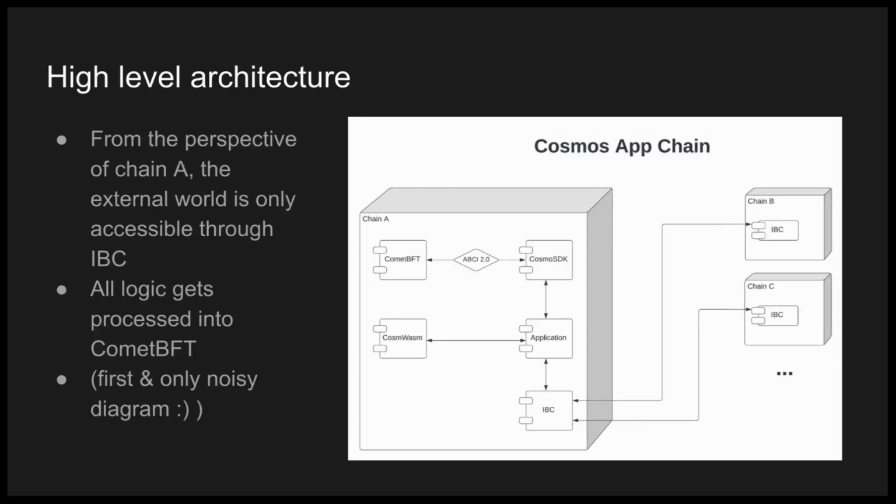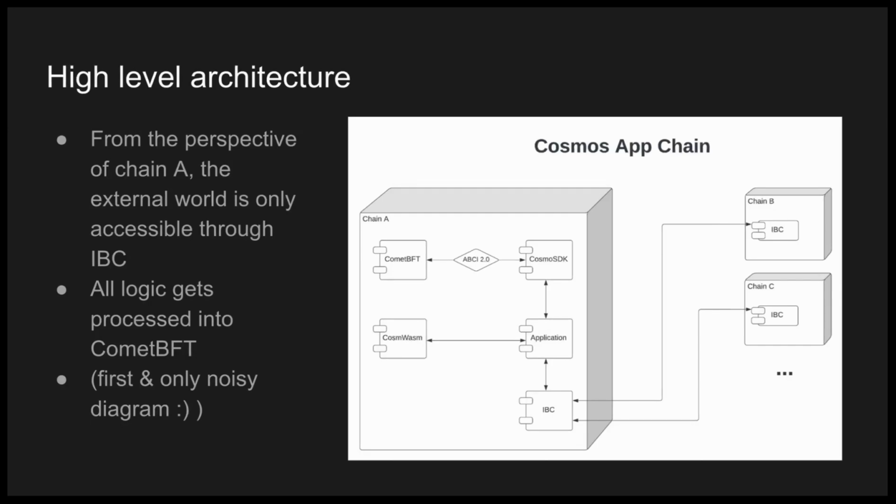And all of the logic gets parsed into the consensus engine in the top left, which is CometBFT, which is Tendermint. I'm mostly leaving this here for later reference, something that we internally cooked up for ourselves to see where Cosmos lives, where the SDK lives, and what the relationship is with other chains.